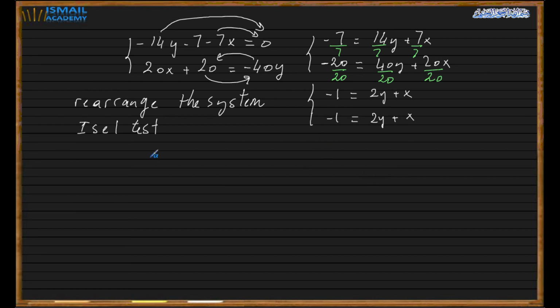Now I'm going to do the test. So 2 over 2 and 1 over 1. This is equal to 1, this is equal to 1. They are equal, so now I check my result. Minus 1 over minus 1 is 1. You see, the three ratios are equal.